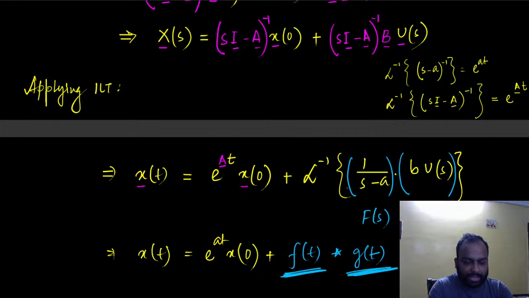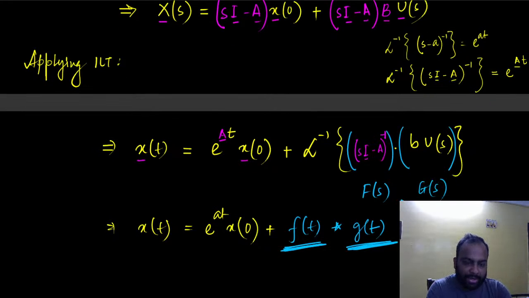And the same way, this isn't 1 by (s minus a) anymore. This is (sI minus A) whole inverse, right? The internal quantity would be (sI minus A) whole inverse.